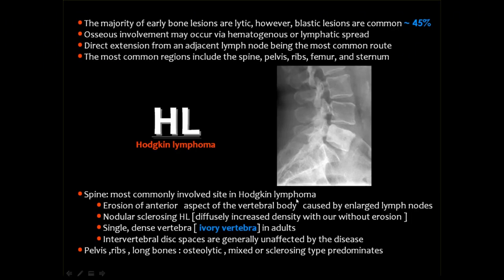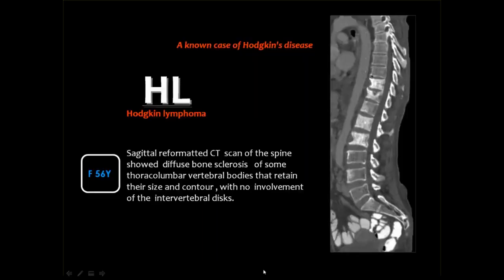Then these are the appearances in the spine: erosion of the anterior aspect of the vertebra due to impression or affection of the bone by the adjacent affected lymph nodes. Then the nodular sclerosing Hodgkin lymphoma is diffuse increased density with or without erosion. Ivory vertebra is a single or solitary dense vertebra. The intervertebral discs are of course not affected.